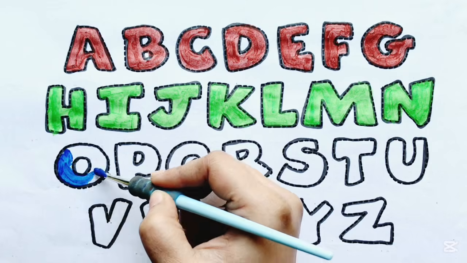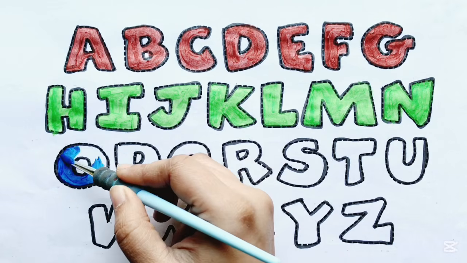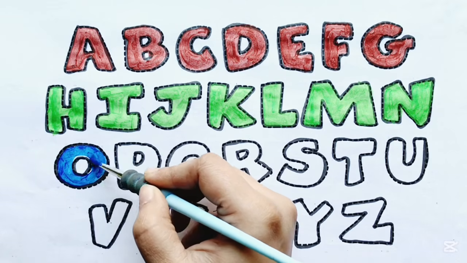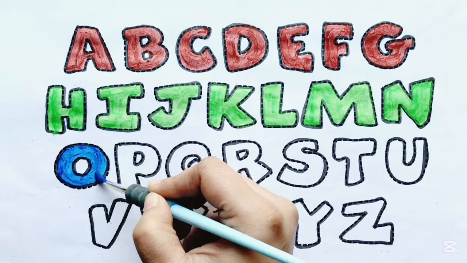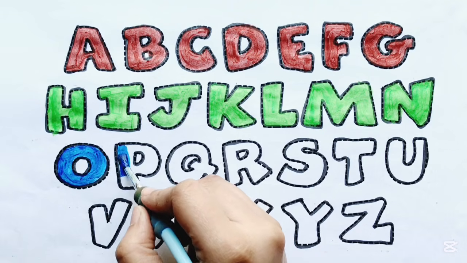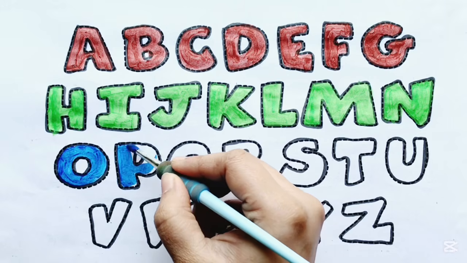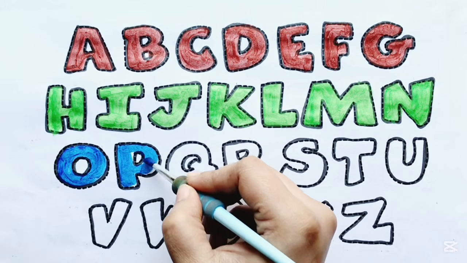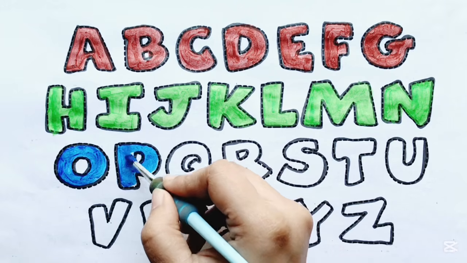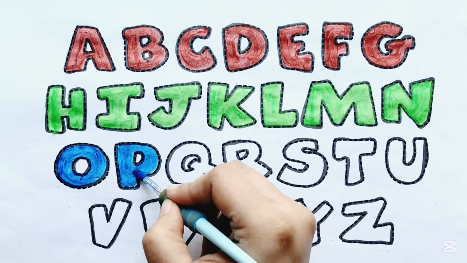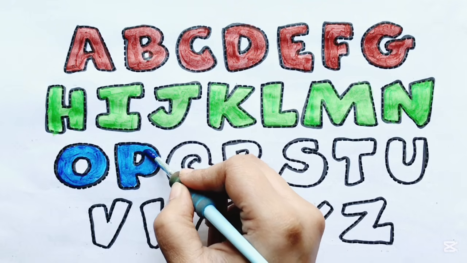A, blue color. O for ostrich. Amazing. Art, apple, angel. P for pig. Yes, animal, answer. April, autumn. Ambulance, airplane, arrow. Alligator, ant.